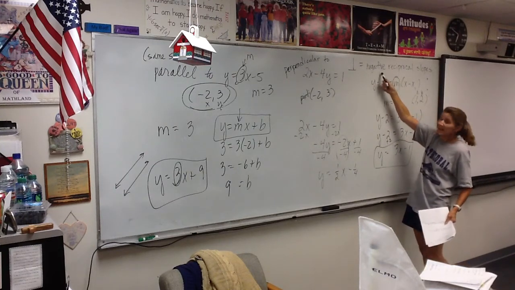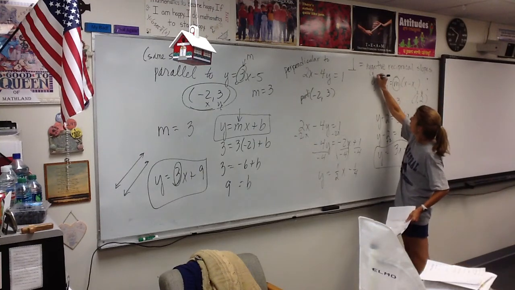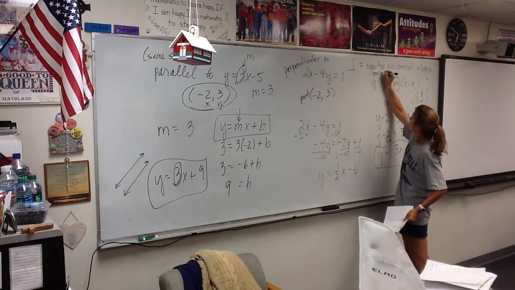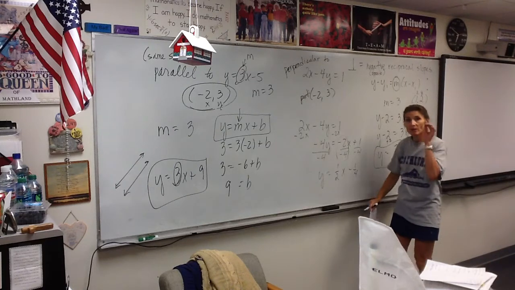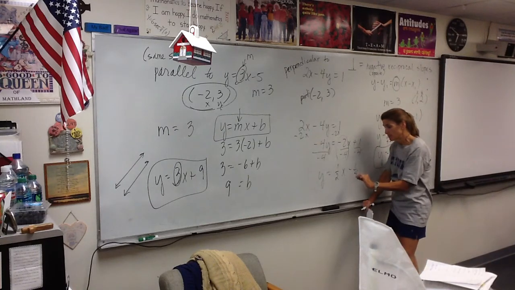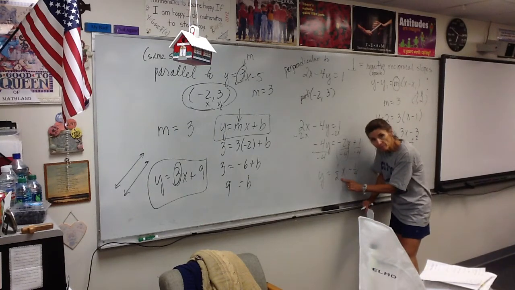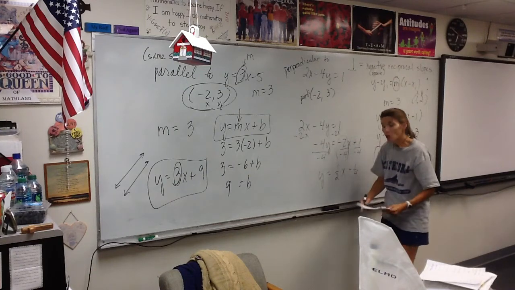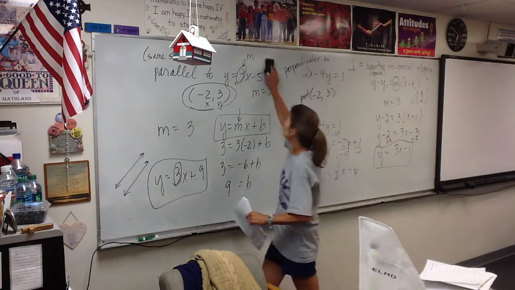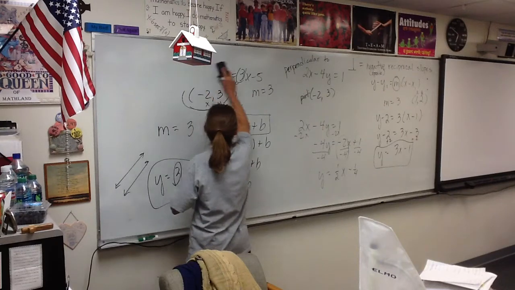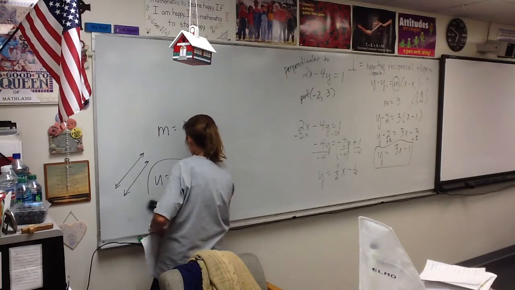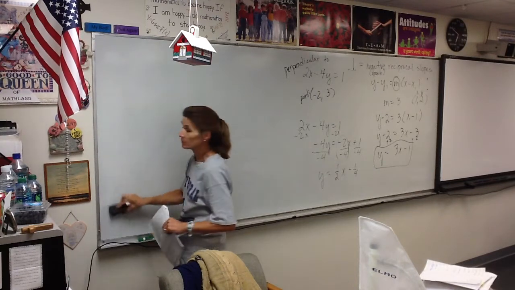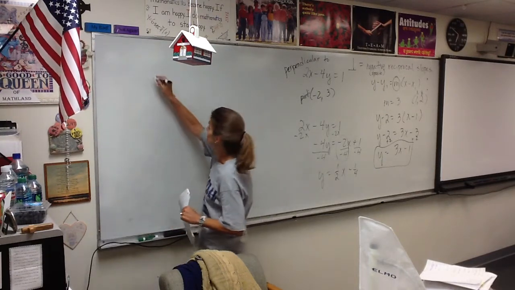Sometimes instead of saying negative reciprocal, we say opposite reciprocal. So if the slope of the line you were given is 1/2, then the slope of the perpendicular will be the opposite reciprocal of that, which is -2.